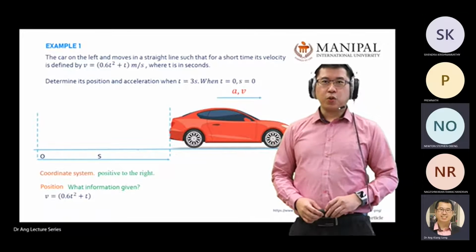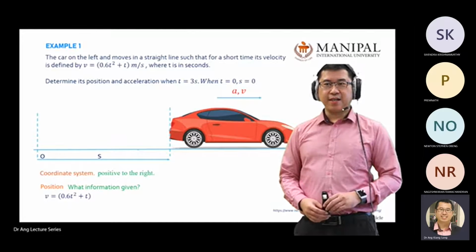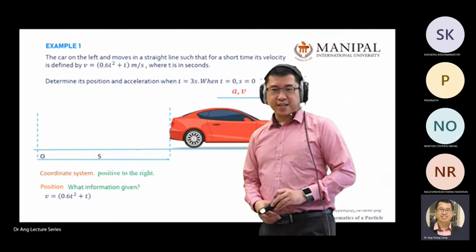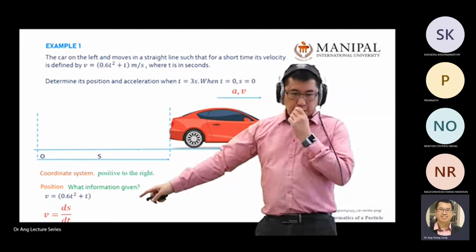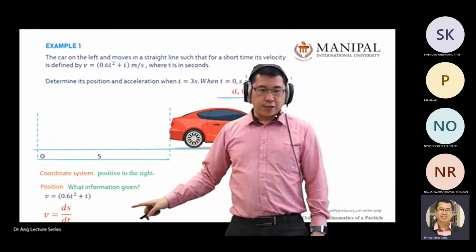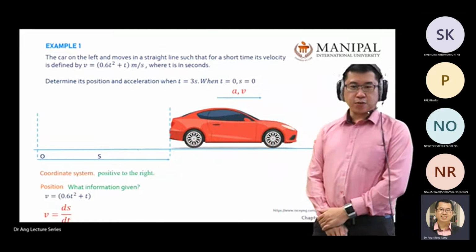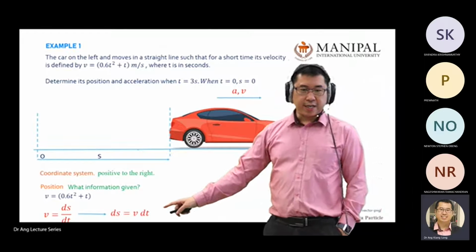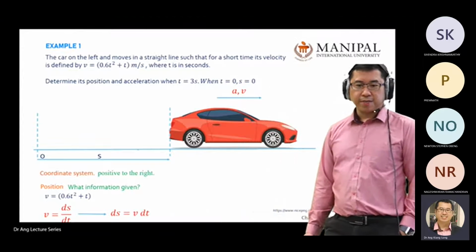Okay, so just now you mentioned you integrate. So when you integrate, you get what? You get displacement, right? So recall the equation for velocity, v equal to ds over dt. You want to get position, right? You can write ds equal to v dt, and then you integrate.